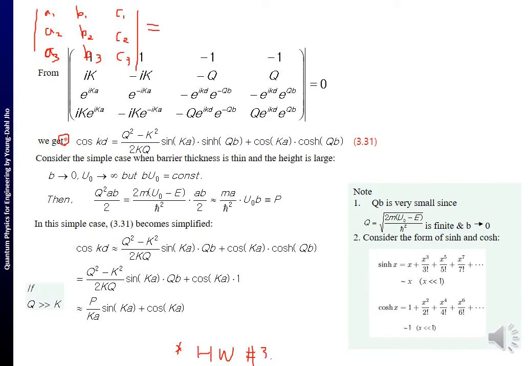And then take the determinant. In this case, we have a simplification procedure. For example, if we choose A1 first, then this row and this column should be ignored, and we consider the rest of the matrix, and then consider the determinant like this.